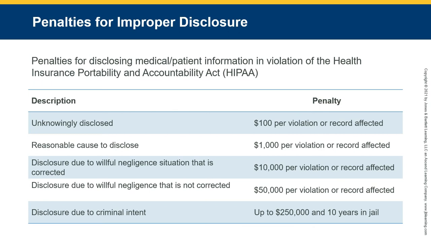Disclosure due to willful neglect, $10,000. Disclosure due to willful neglect that is not corrected is $50,000, meaning it keeps going on. And disclosure due to criminal intent, up to $250,000 and up to 10 years in jail.